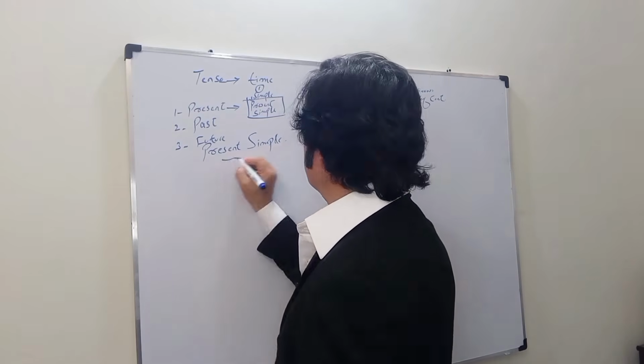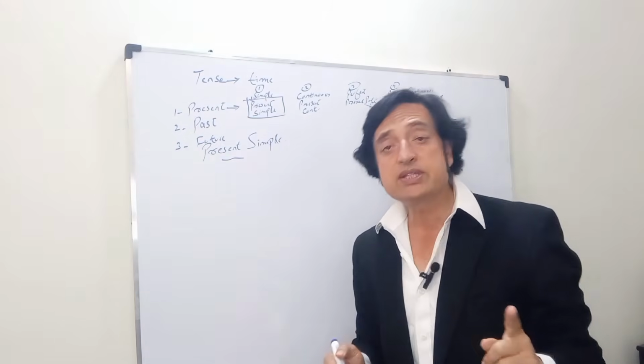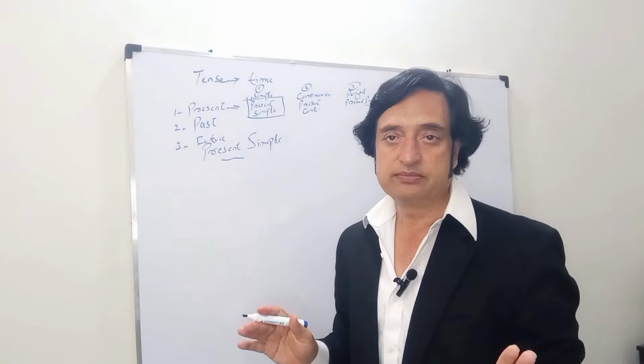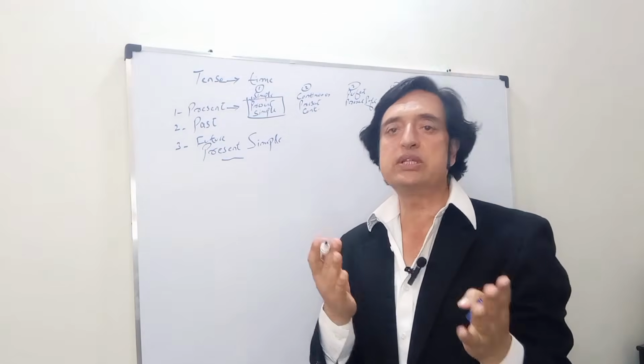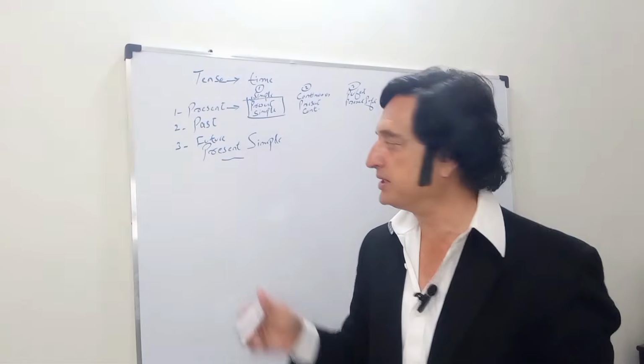So when you are making a sentence of any tense, the first thing you need is the structure. Very important. Once you know the structure, you only need to plug in the components and your sentence is completed.